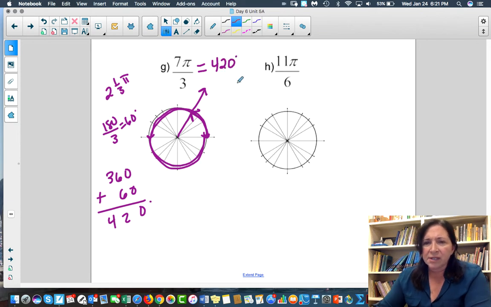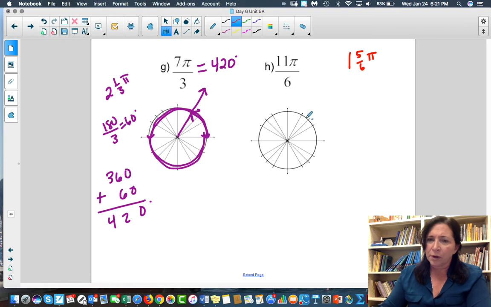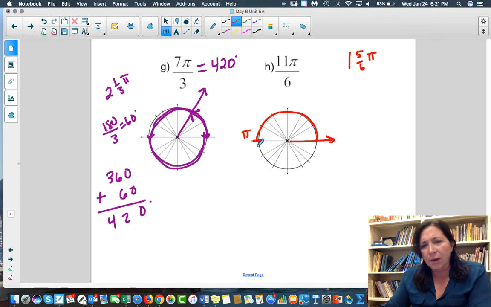11 pi over 6 is 1, and let's see here, 5/6 left. Again, don't write it like this, okay? That's just giving you a location where you are. So again, start at your initial side, and you're going to go around 1, okay? There's 1 pi. And now I'm going to keep going 5/6 around.